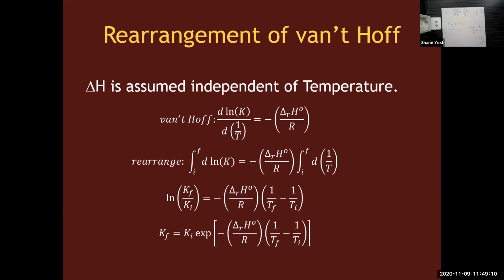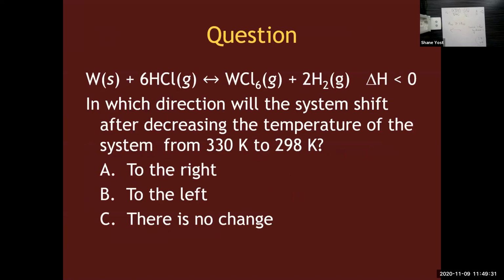Okay. So questions about this van 't Hoff equation? Here, natural log, K final, K initial, and so on. I would never use this equation to answer a multiple choice question, like this one, as to what direction the equilibrium shifts, left or right, because it's way more complicated than needed.